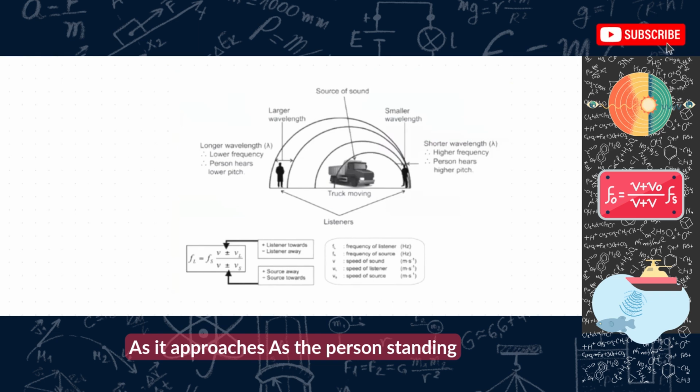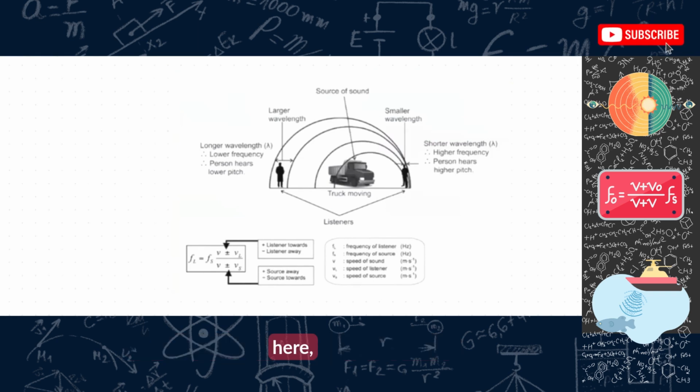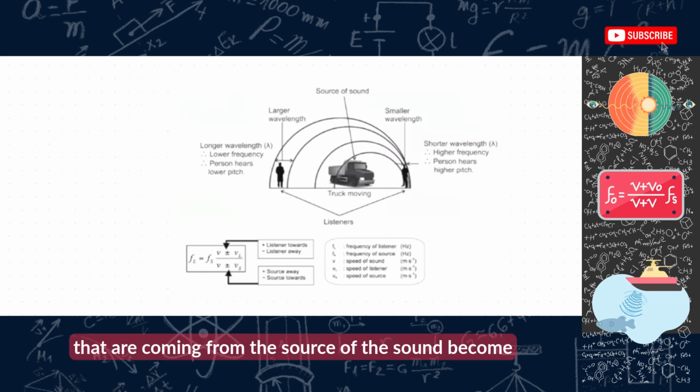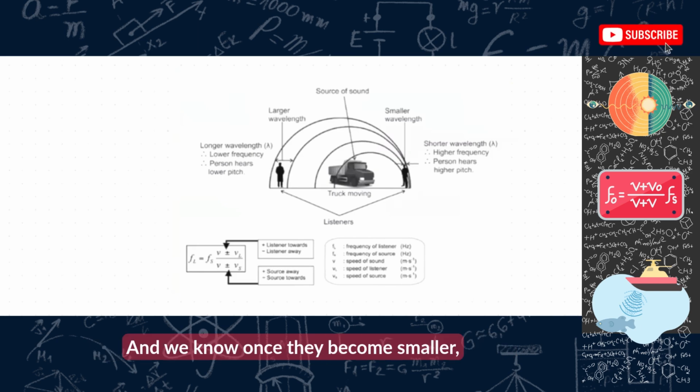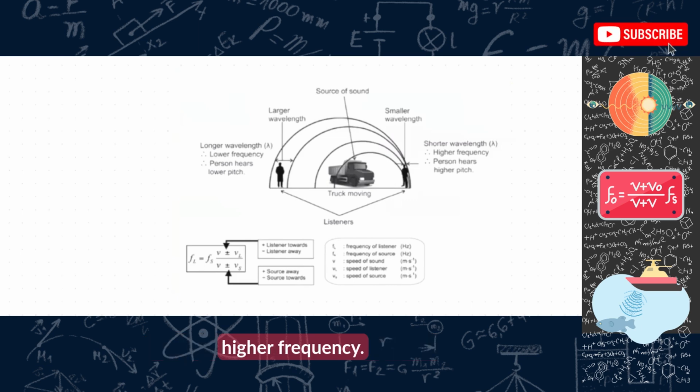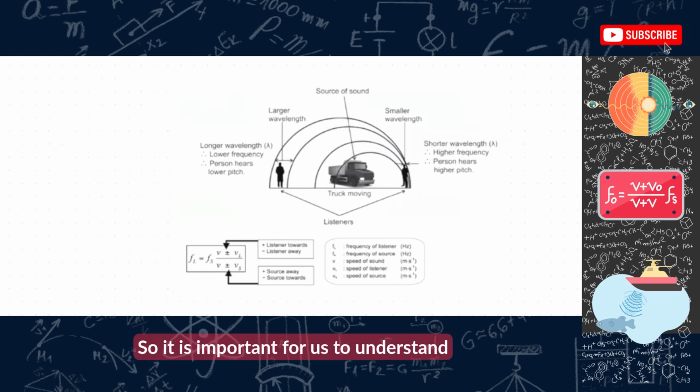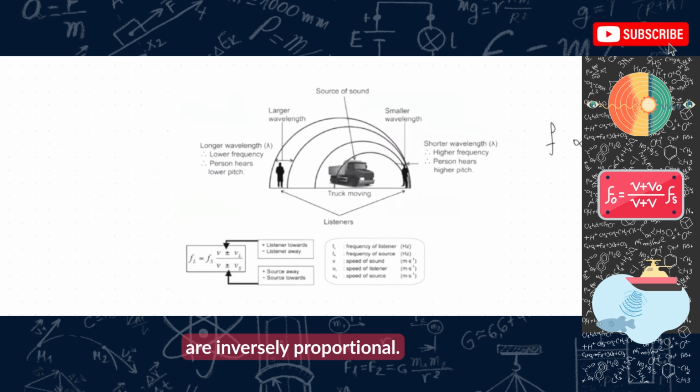As it approaches the person standing here, the waves that are coming from the source of the sound become smaller. And we know once they become smaller, it implies that we're going to have a higher frequency. So it is important for us to understand that frequency and the wavelength are inversely proportional.